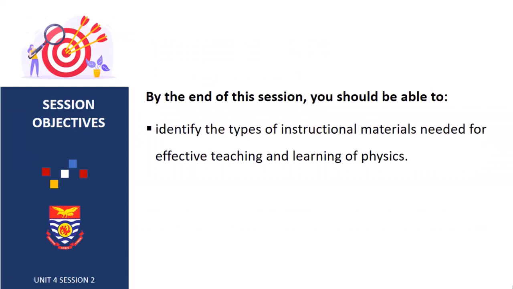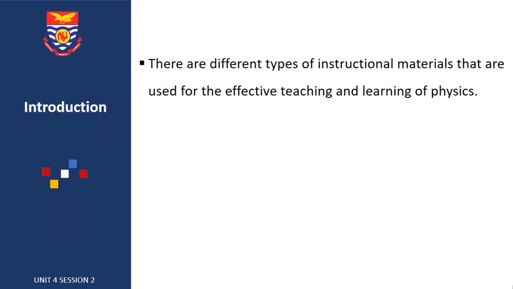At the end of this session, you should be able to identify the types of instructional materials needed for effective teaching and learning of physics. There are different types of instructional materials that are used for the effective teaching and learning of physics.